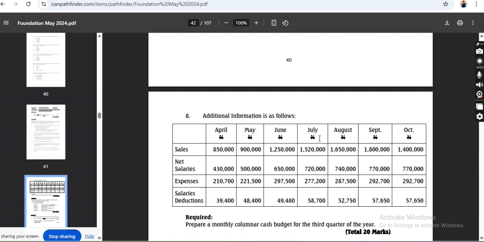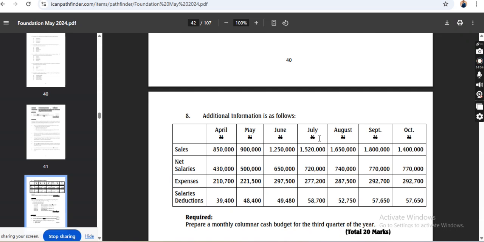That will be your workings, right? Then in the main required, you just do the format cash budget for the third quarter. So class, third quarter, we start from when? From July. Okay, that's a very good one. From July, right? So we start our workings.